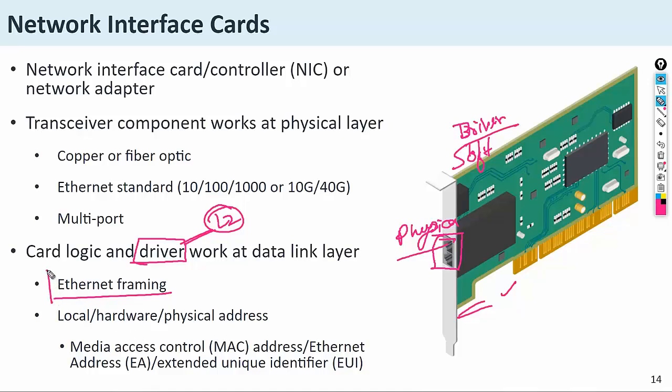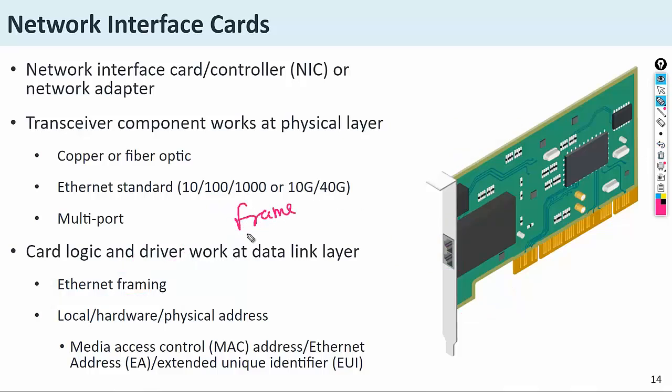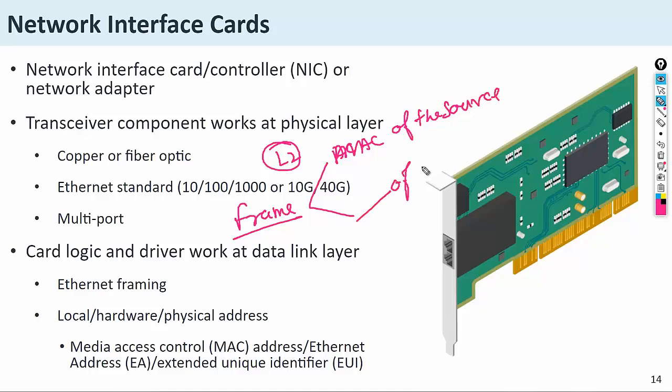So one thing is the Ethernet framing and the other is the hardware. What is Ethernet framing? Frame, all of us know about the frame. A frame is made at layer 2, having the MAC address of the source and the MAC address of the destination. Adding both MAC addresses on the packet is known as framing.